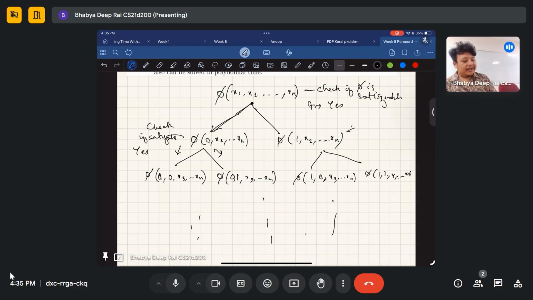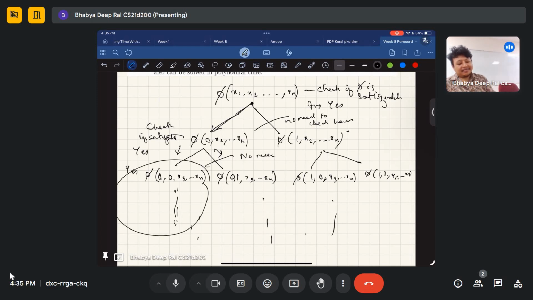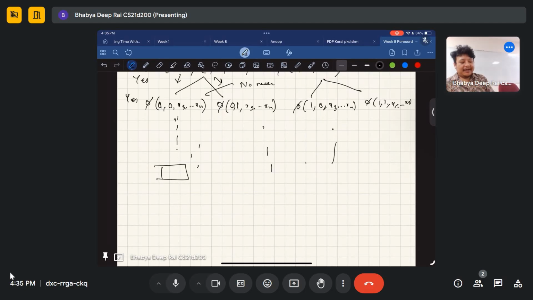Now here again you check. If this path said yes, then no need to check here. Similarly, if this one said yes, then no need to check here, because some leaf in this subtree will definitely satisfy. So I just need one satisfying assignment, right? So I'll finally reach the bottom, and the leaf will be the satisfying assignment.